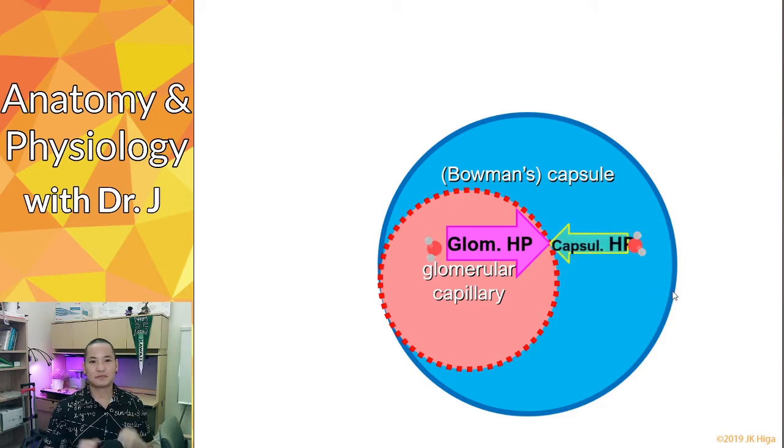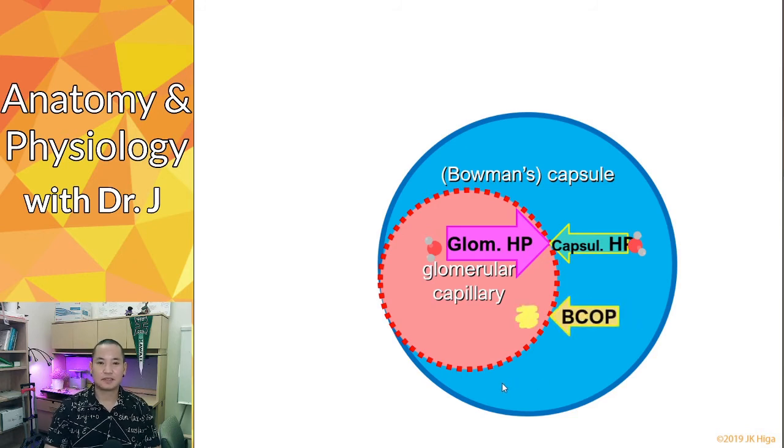If you ever get confused on which is which, whatever comes before hydrostatic pressure is your starting point. So glomerular hydrostatic pressure starts in the glomerulus and ends up in the surroundings. Capsular hydrostatic pressure starts in the capsule and ends up in the other spaces it can go into, namely the glomerulus.